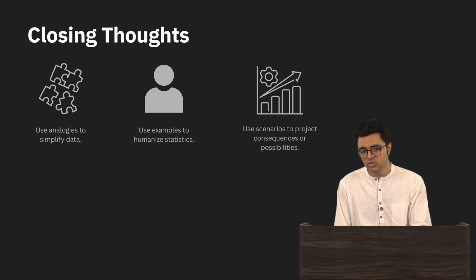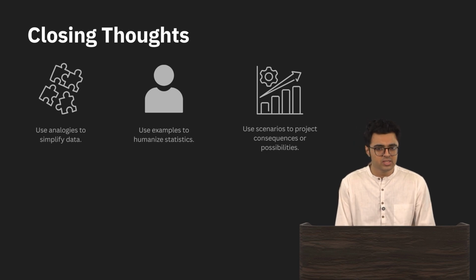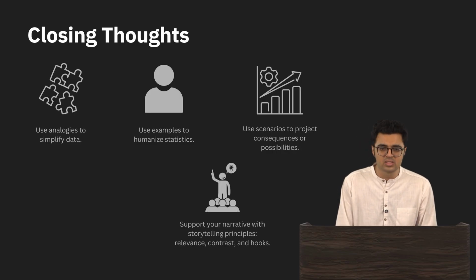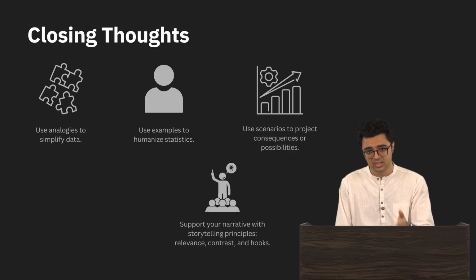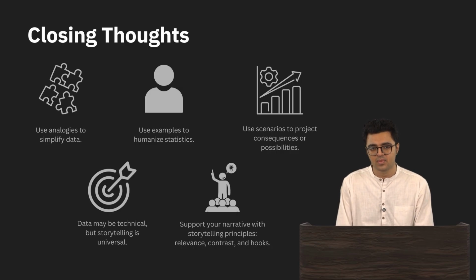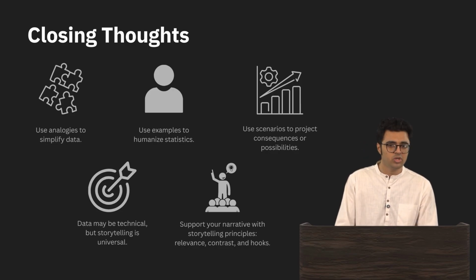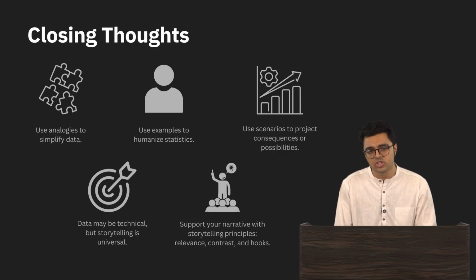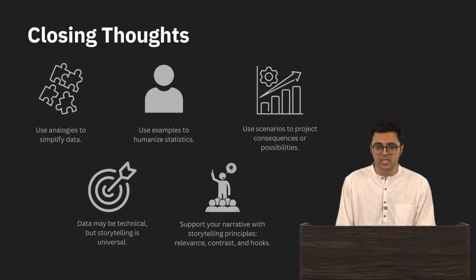And you can use scenarios to project consequences or possibilities. Support your narrative with storytelling principles: relevance, contrast, and hooks. Data may be technical, but storytelling is universal. No matter what the audience, technical or non-technical, they will respond well to storytelling if it is considerate and careful.